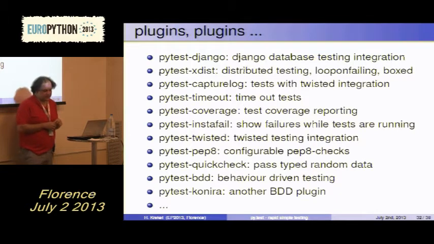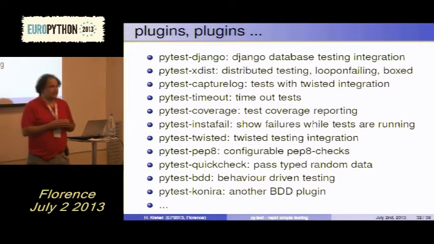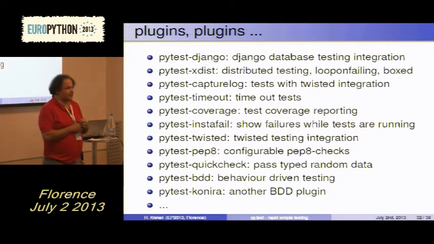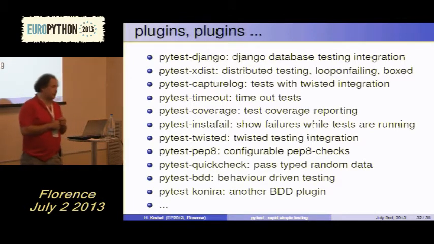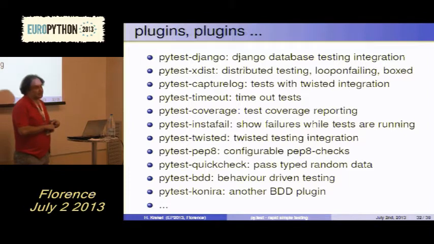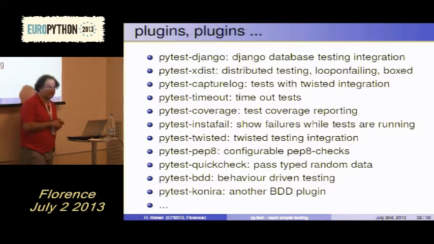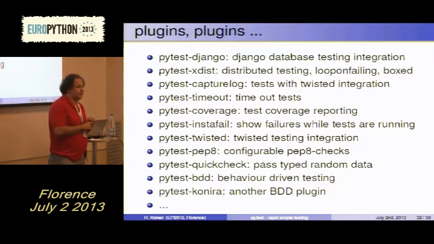pep8 actually allows you to configure in a somewhat nice way what kind of warnings you want to treat as errors. So you can have a test run that automatically checks your coding style, and you can configure that quite nicely. Quickcheck comes from Haskell. It means that you can very easily tell via a decorator if you want to have random parameters passed into your test function.